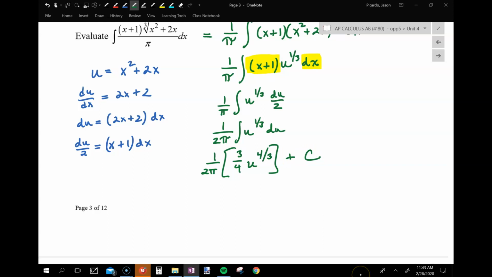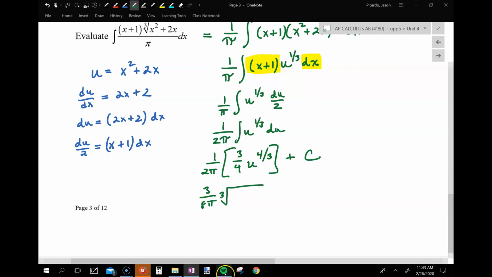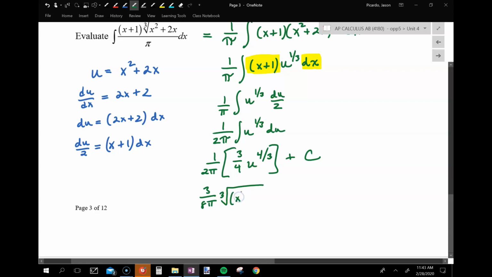Plus the c, right? And now I can substitute the u back in, right? So this is 3 over 8 pi. What is this going to be here? This is going to be the cubed root of u to the 4th power. Plus c.